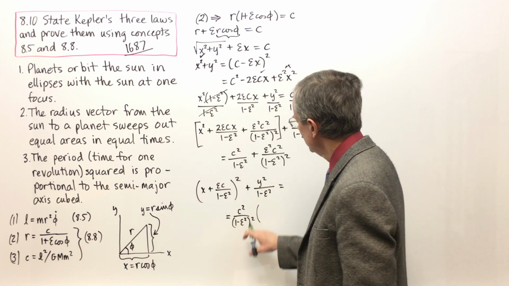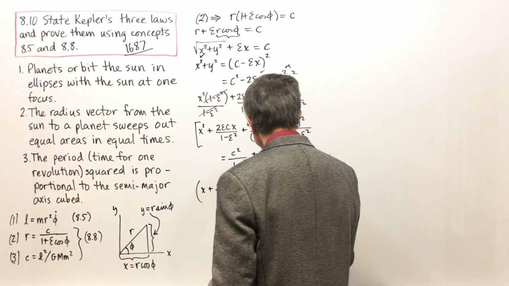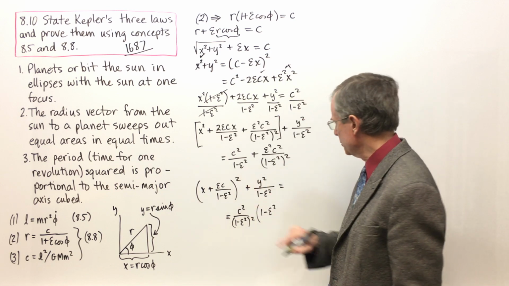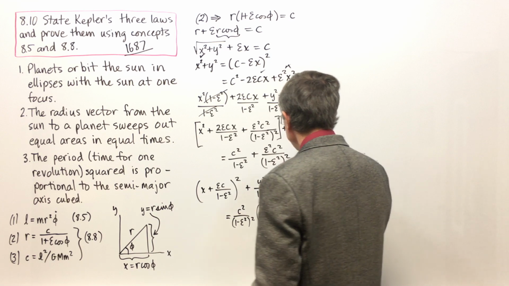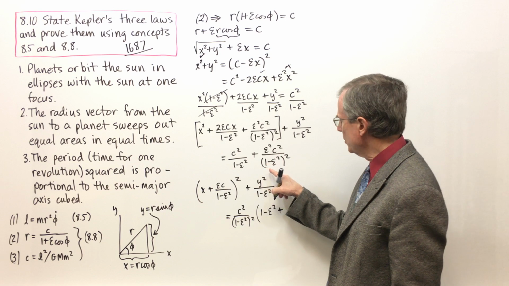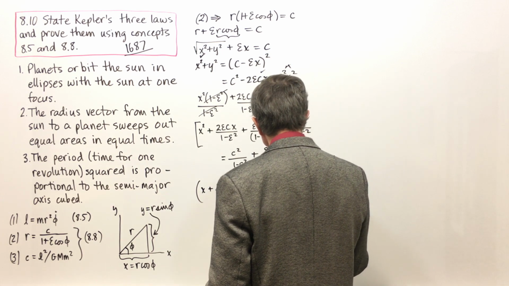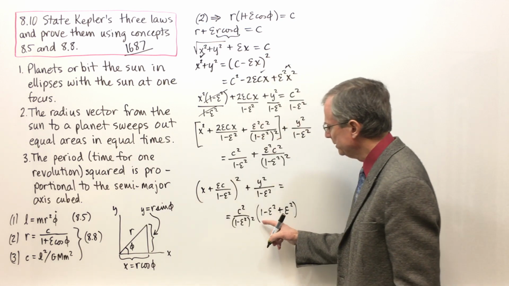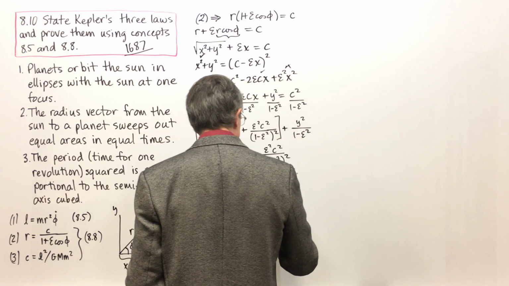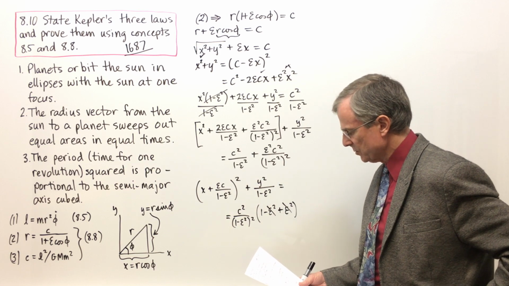In order for this term to look like that, I have to have a 1 minus epsilon squared. So then that one will cancel one of these and replicate this first term. And the second term, I've factored out the c squared over 1 minus epsilon squared squared, and all we're left with is epsilon squared. So magically, I just get something really simple on the right-hand side. The epsilon squareds cancel, and I just get c squared over 1 minus epsilon squared squared.